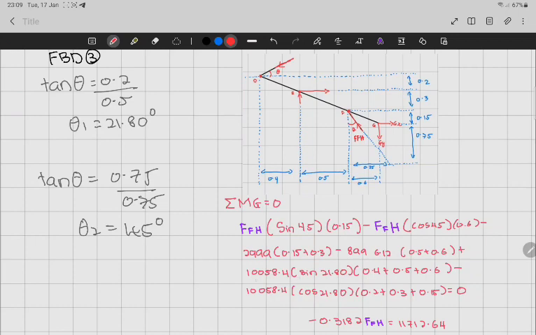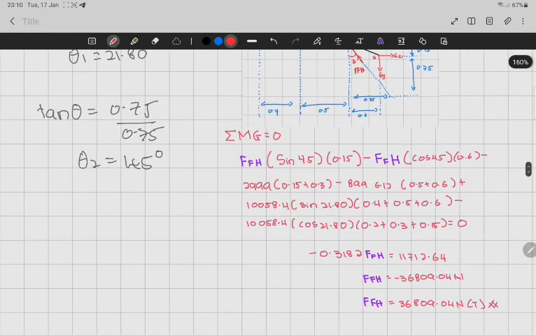10,058.4 Newton multiplied by sine 21.80 multiplied by 0.4 plus 0.5 plus 0.6. So over here, this one minus 10,058.4 cos 21.80, and the lengths 0.2, 0.3, 0.15 equals 0.